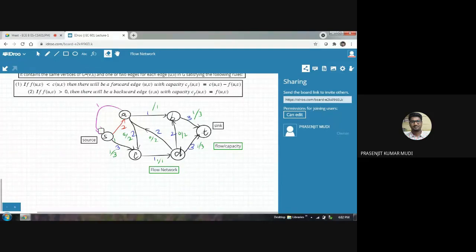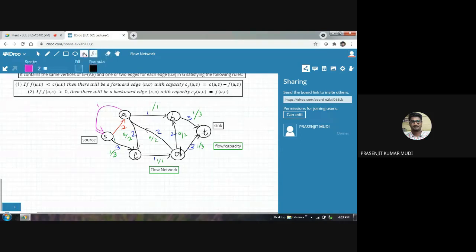So this is the part of the residual network, and you apply these rules onto all the other edges, and draw the red color forward edges if there is any possible, and the purple color backward edges if there is any possibility, and remove the existing black colored edges in the original. Whatever network you get, with the forward edges and backward edges, that is the residual network of this original version.